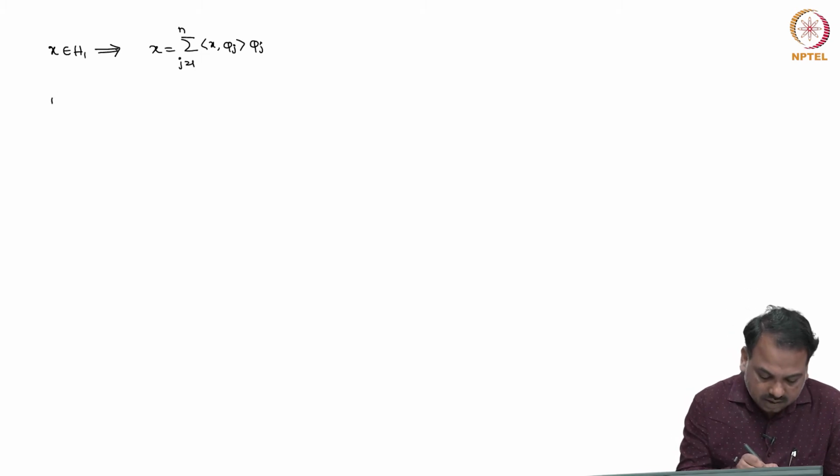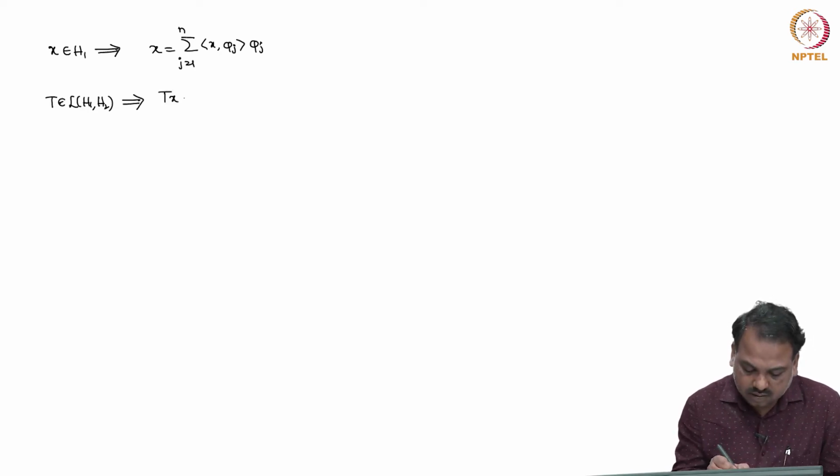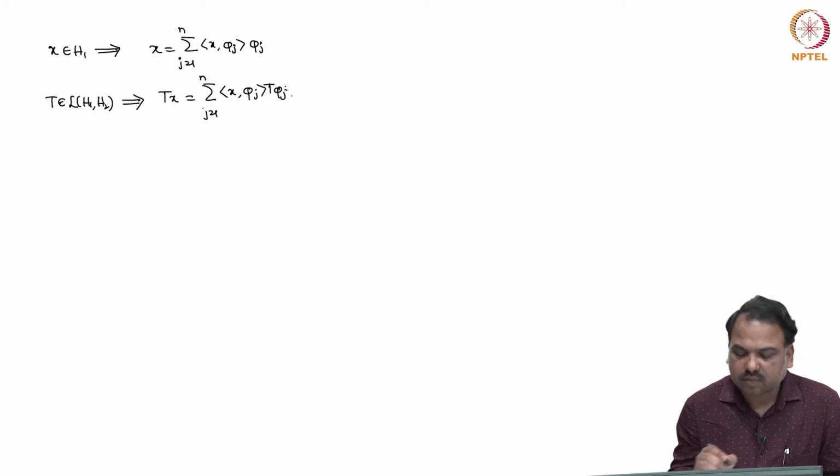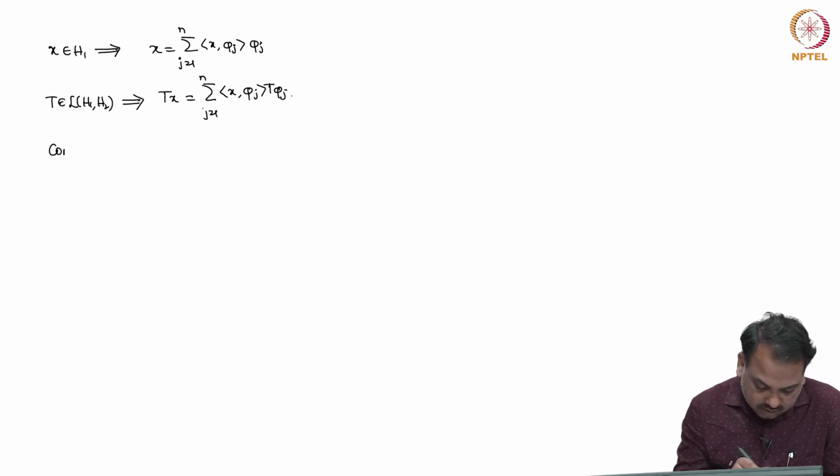Since T is linear, we can say that Tx is the summation j equal to 1 to n of inner product x phi j multiplied by T phi j. Now let us consider norm Tx.